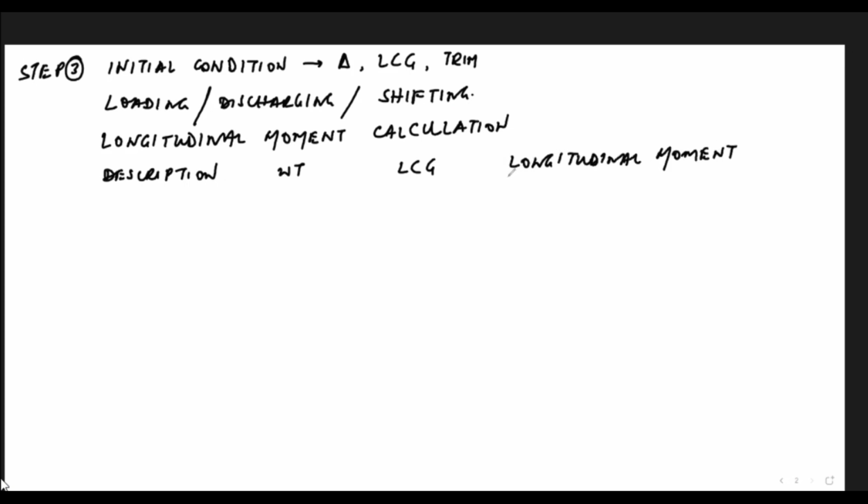Please write the full name, do not write half names, and do not use LM. So description: initial, I know displacement. Some operations I'm doing, loading, discharging. So plus minus some weight will be there. Its LCG we will be able to find, and its longitudinal moment we will be able to find.